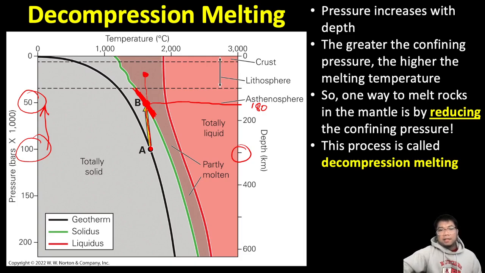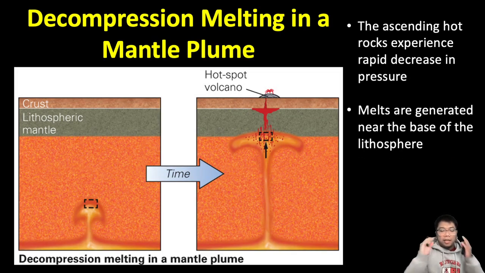So that is the process called decompression melting. And decompression melting is very common in various settings. Basically, the first one is that it is very common in a mantle plume. Here we have hot rising rocks from the core mantle boundary.